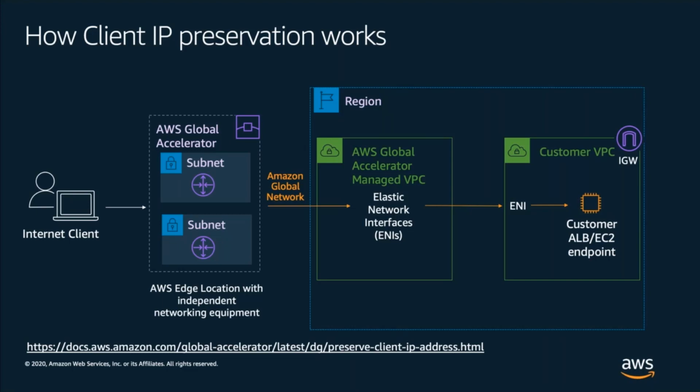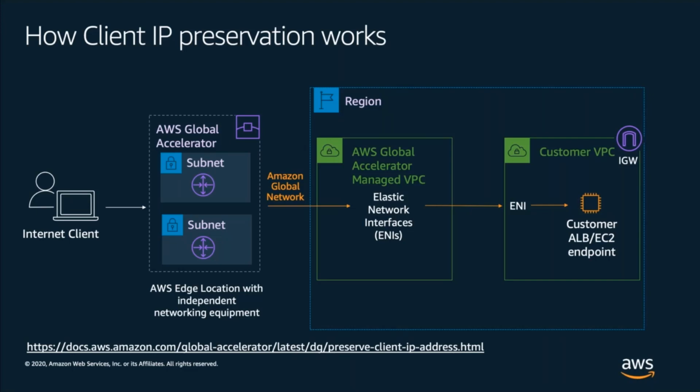And through the elastic network interfaces between the Global Accelerator VPC and your VPC, we make sure that this traffic, which is encapsulated, lands on your VPC. At which point we decap the packets, and you see the exact packet as if Global Accelerator were not even in the picture. So the exact packet as it's coming from the internet client.